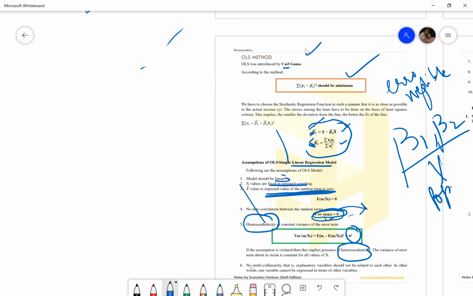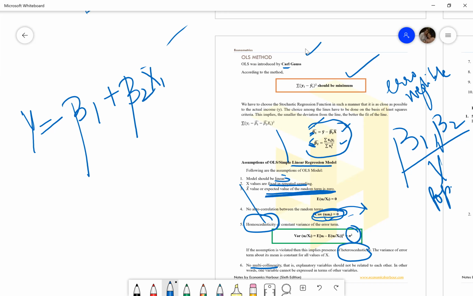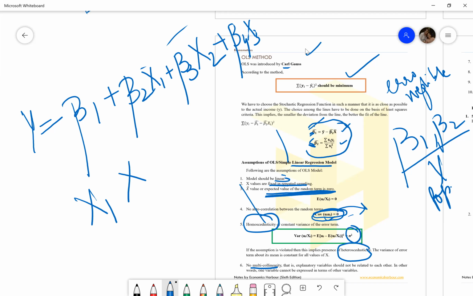Then we come to the concept of no multicollinearity, in the sense that when your model is y equals beta 1 plus beta 2 x1 plus beta 3 x2 plus beta 4 x3 and so on, we say that there is absolutely no relation between x1 and x2, or x2 and x3, or x1 and x3.